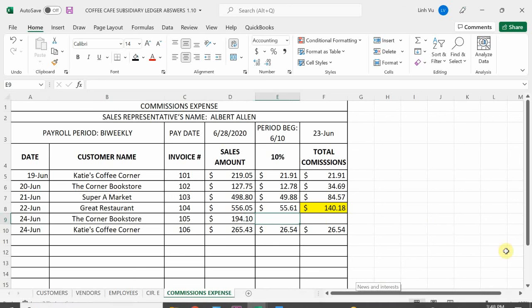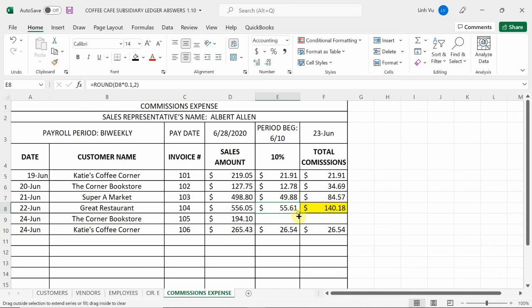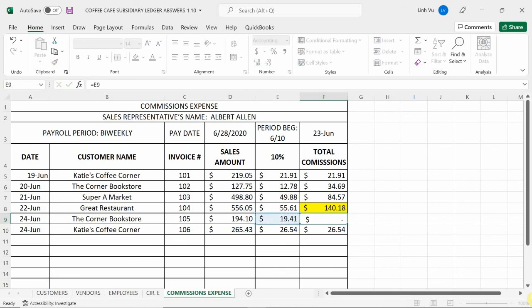What's 10% of 194.10? 19.41. So, in this case, he earned 19.41 plus $26.54. So, as of right now, as of June 24th, we owe him $45.95. Okay.